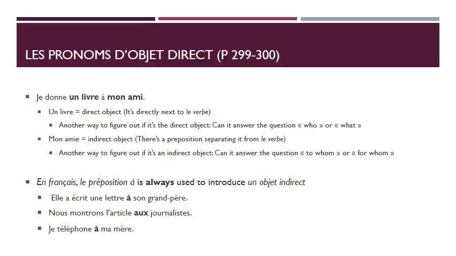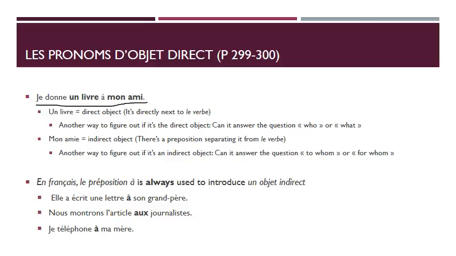Now it's time to embark into something new. So we already have le pronom d'objet direct, so let's talk about indirect objects. So a good example of this is in this sentence. Je donne un livre à mon ami.